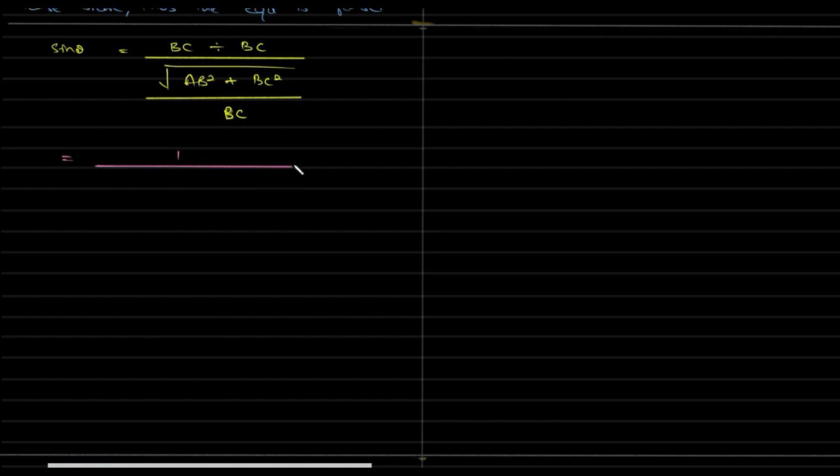You might feel it's weird, but it's not mathematically weird. So this is the square root of AB square plus BC square, entire thing divided by square root of BC square. I just wrote BC as square root of BC square.